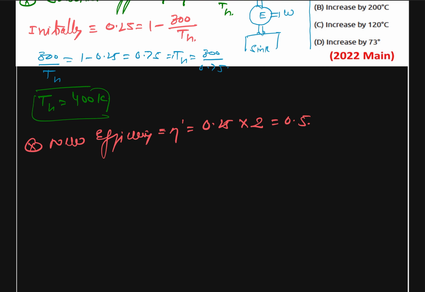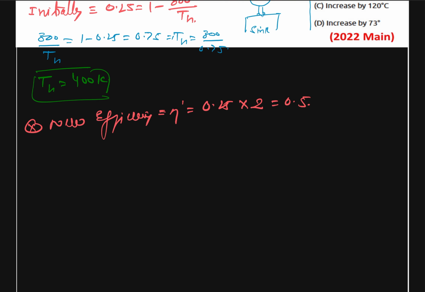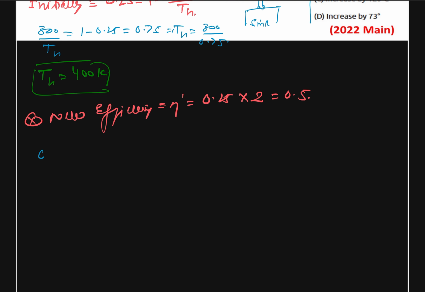So we can write the same formula: 0.5 is equal to 1 minus 300 over T of H prime.